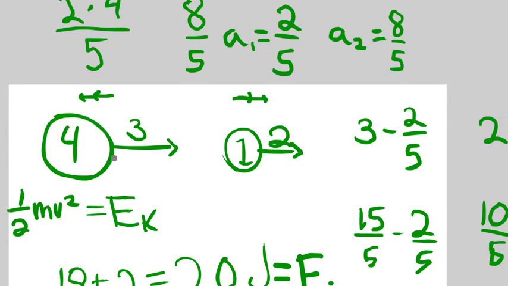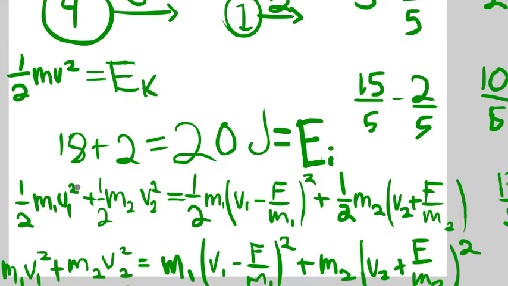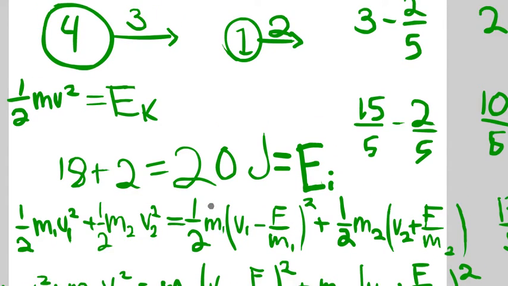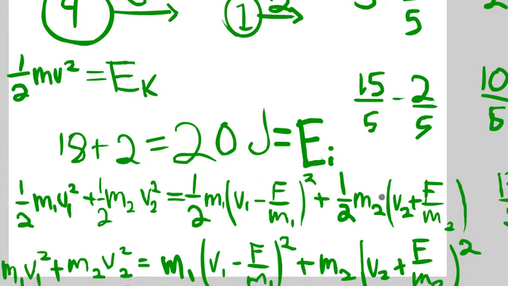The initial velocity of the first object, so v1 squared, plus the energy of the other one, should be equal to the energy afterwards. The mass doesn't change. It's still m1 and m2, still the 1/2 there. But now the velocity has changed.